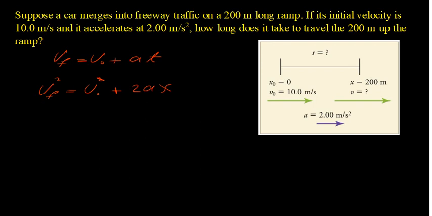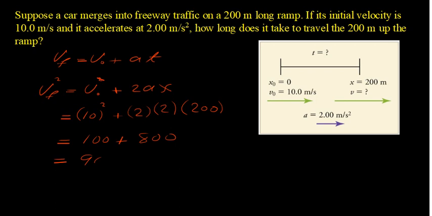And when I look at it, I do have the initial velocity, so it's 10 squared plus 2, and the acceleration here is also 2, and the total distance was 200 meters. All right, so when we do the math for this scenario, I will have 100 plus 4 times 200, that's 800, that will give me 900.